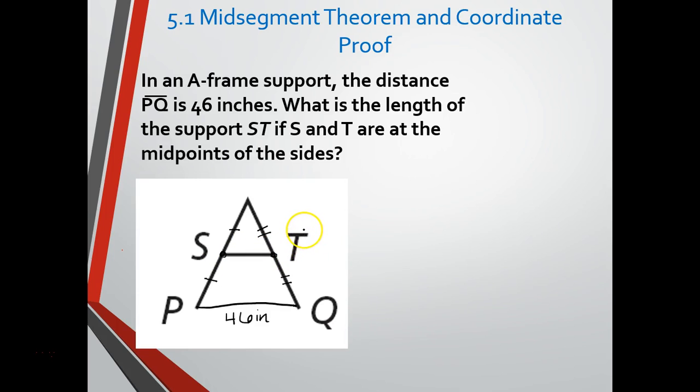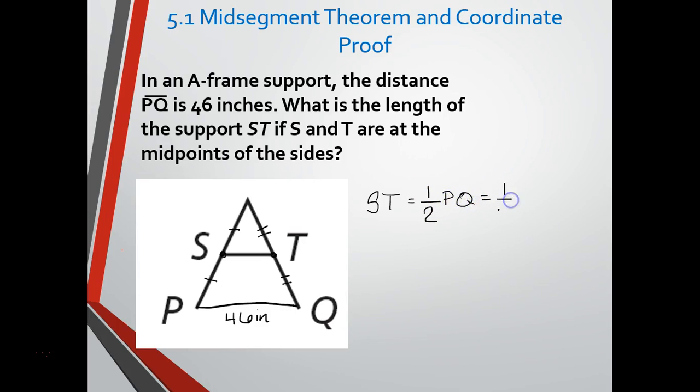All right, so in this case right here, what we've been looking at all along, ST is the mid-segment of PQ. So to find that support ST, the length of that support, we're just going to say ST is equal to 1/2 the length of PQ.